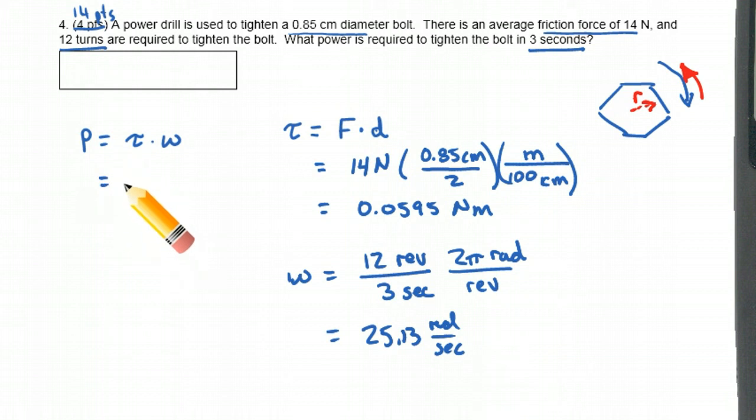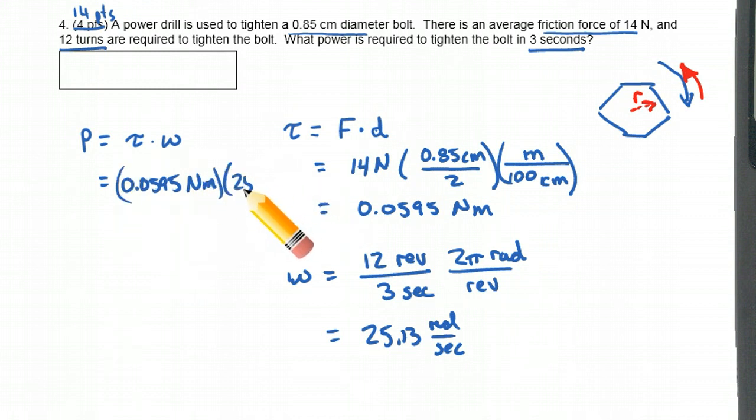So we can come back over here and use 0.0595 newton meters times 25.13 radians per second. Radians, remember, are unitless when combined with other things. We'll have newton meters per second. A newton meter is a joule, and a joule per second is a watt, so that is a unit of power.